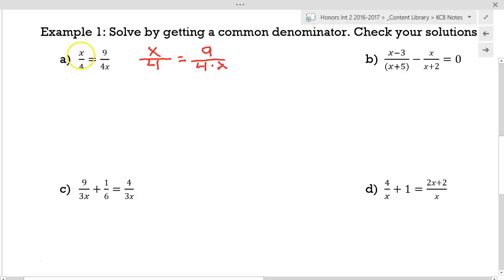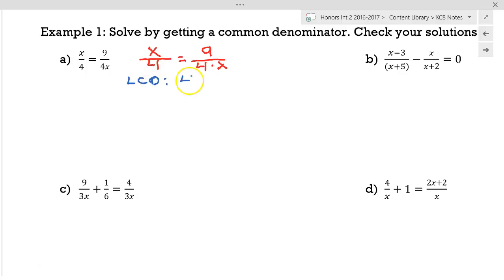My least common denominator is, I need a 4 and I need an x. So then I have x, this one is missing an x. This one's not missing anything, it has both the 4 and the x. So now I have x squared over 4x equals 9 over 4x.